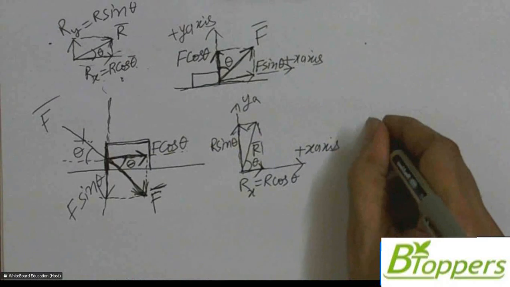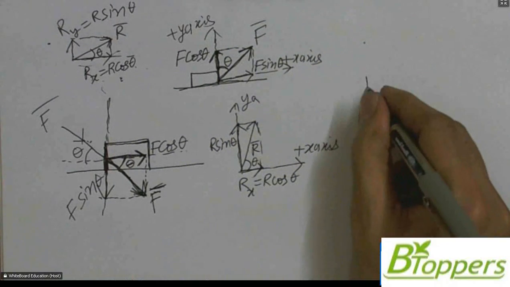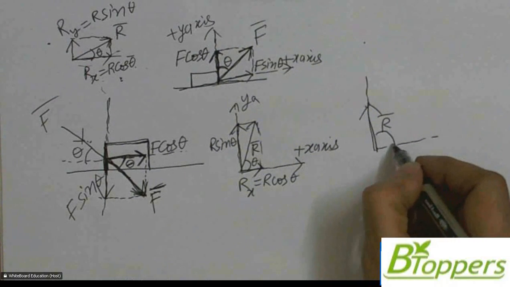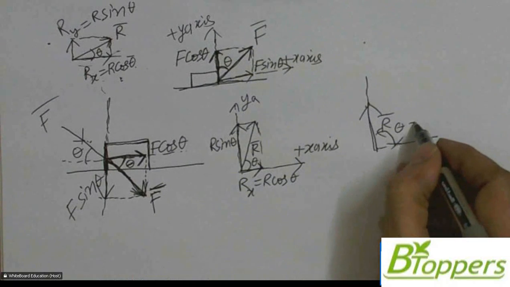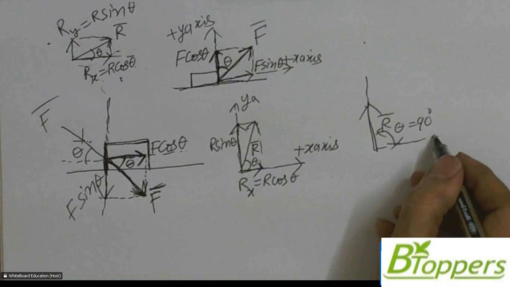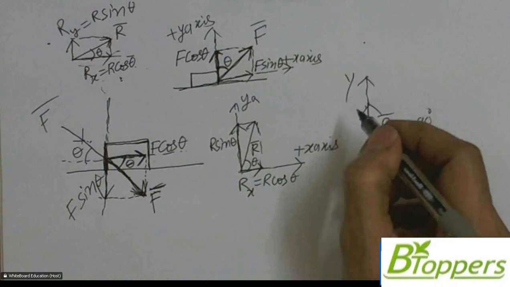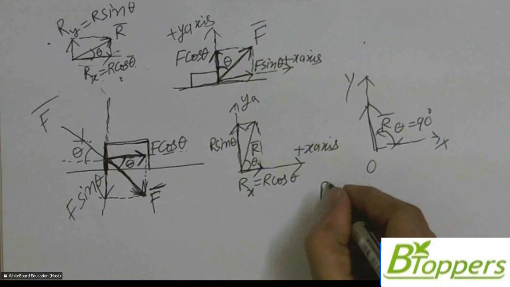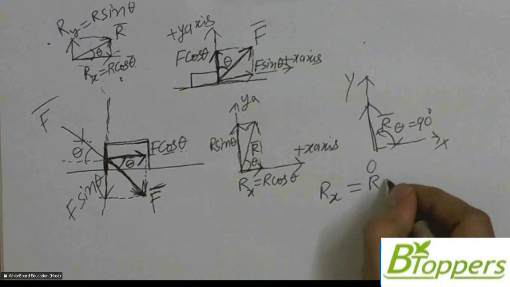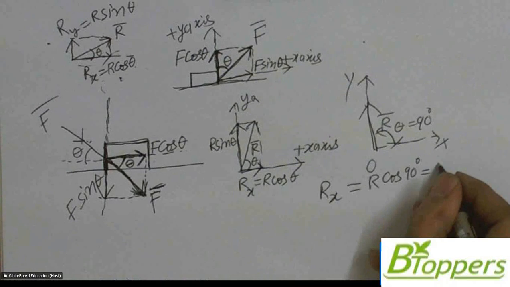Suppose the vector R bar acts along y direction, along y axis, then the angle theta made by the vector with x-axis will be 90 degrees. Then mathematically writing Rx equal to R cos theta, that means R cos 90 degrees, that is 0.